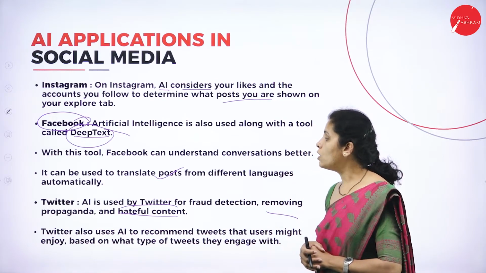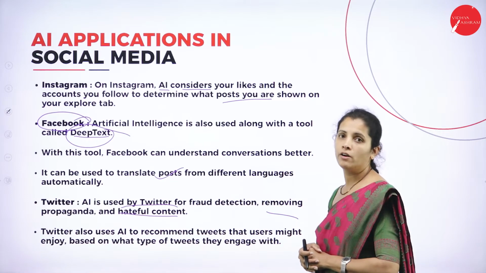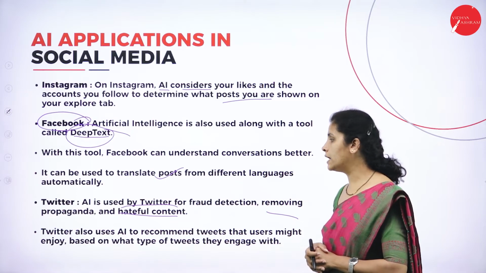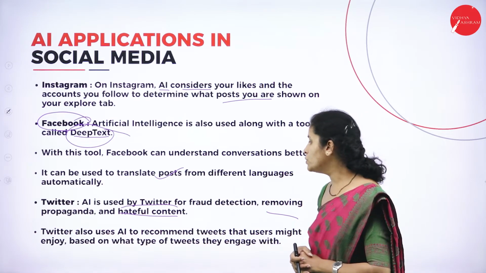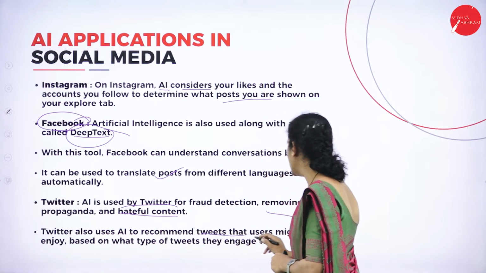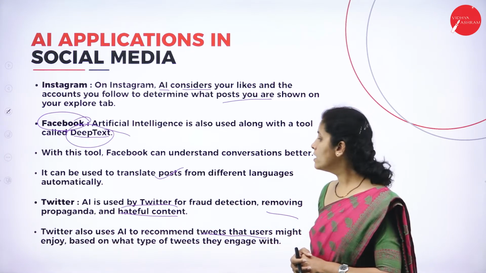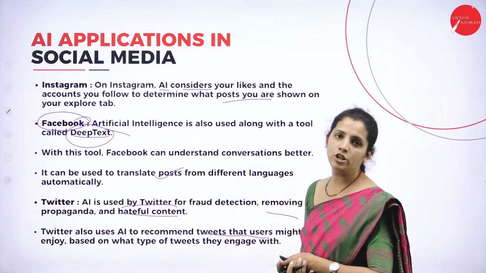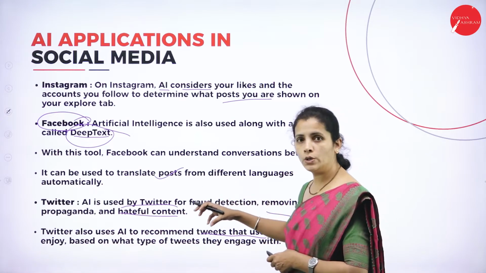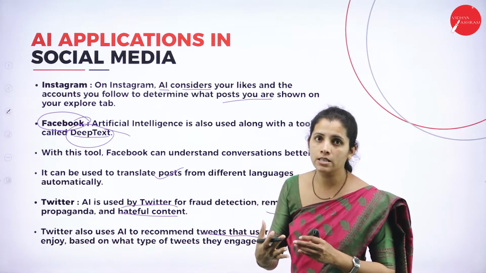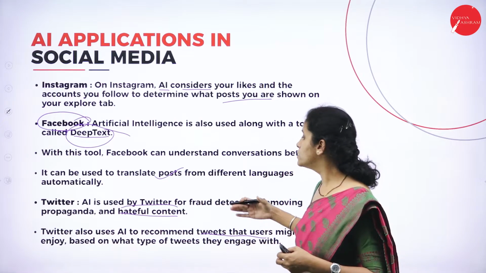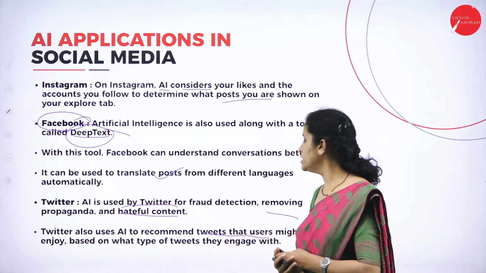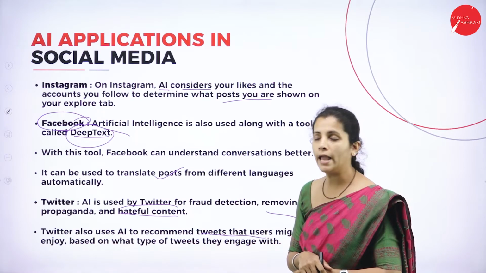It also uses AI to recommend tweets that users might enjoy, based on what type of tweets they engaged with, because it is going to refer to the previous history. Based on the history, it gives recommendations so that the user can enjoy the tweets and engage.